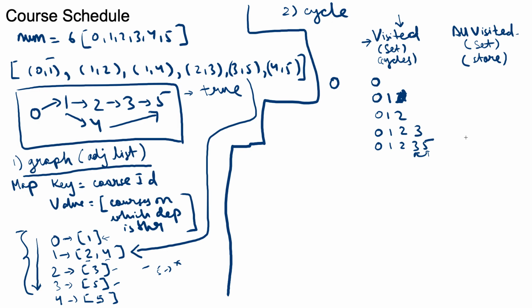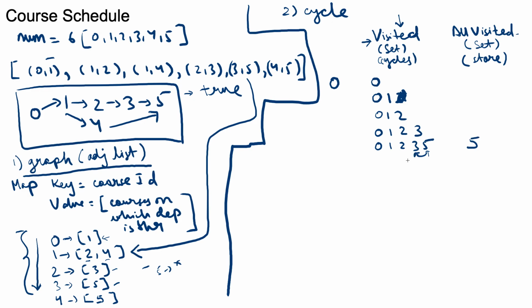So if you choose to take up course 5, you can take it and there will be no dependencies which will block you. So we will enter 5 in the all visited set, which means we have committed our result which says that course 5 doesn't have any cyclic issues.